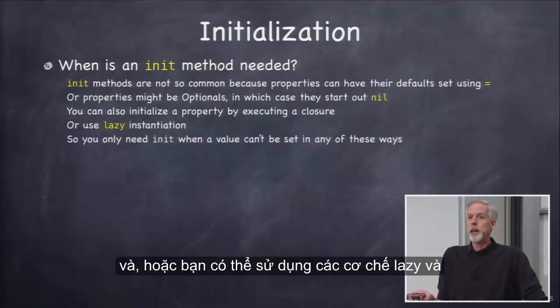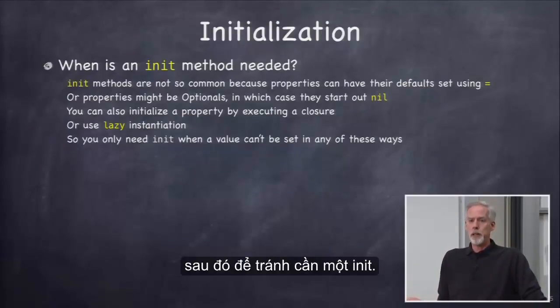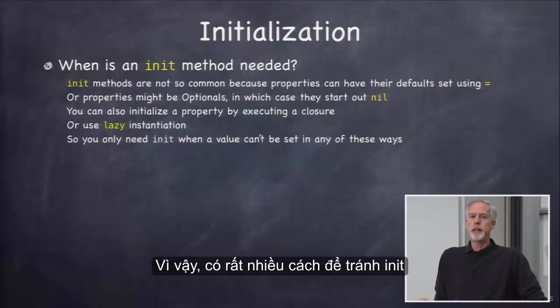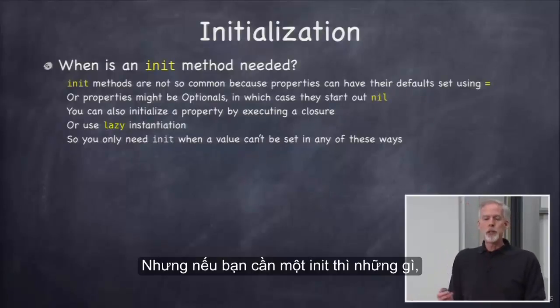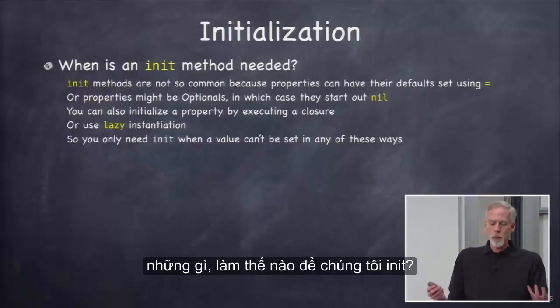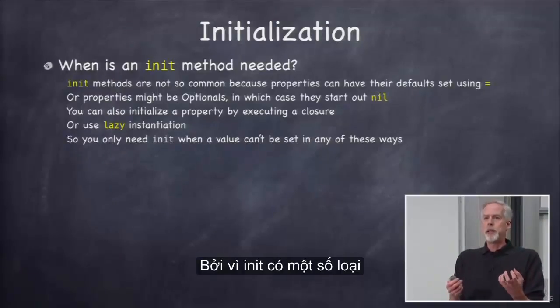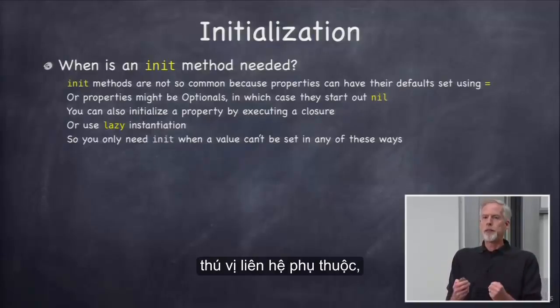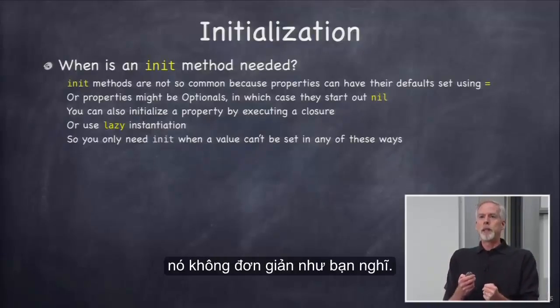Or you could just use the lazy mechanism to avoid needing an init. So there's a lot of ways to avoid init. But if you do need an init, how do we do init? Because init has some interesting interdependencies.